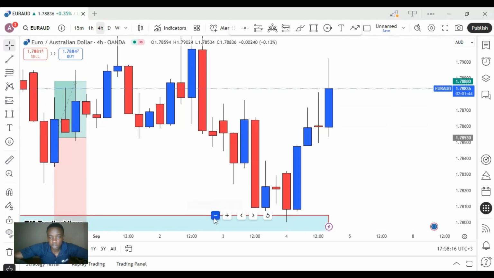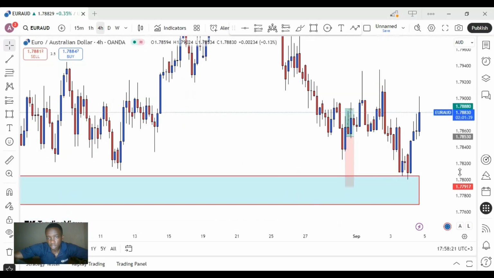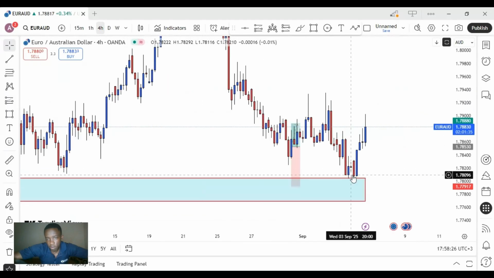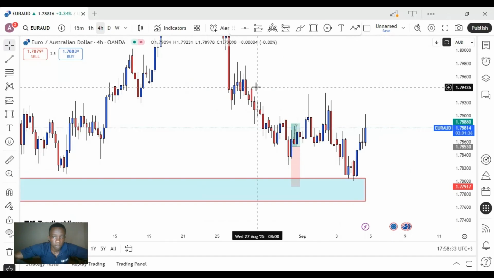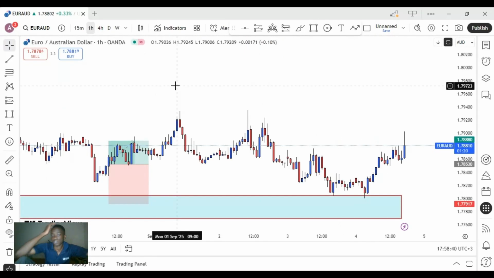So after identifying our buyers, we are bullish, and price has just reached our key level. That was at midnight today. So I'll go to the 1-hour time frame for further confirmations.